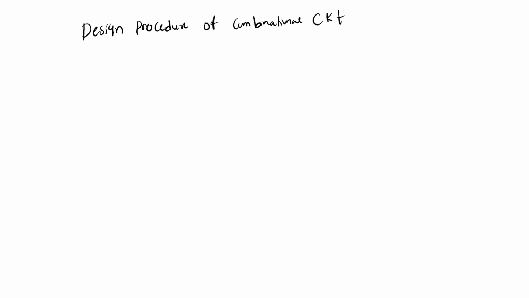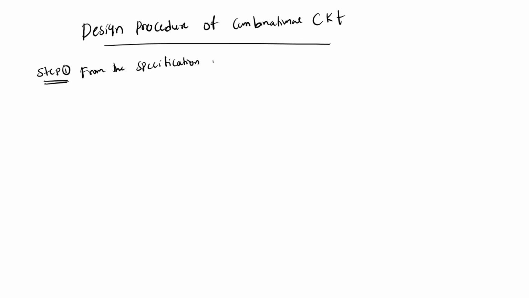If you see the design procedure of combinational circuit, step one: from the specification of the circuit, identify the number of inputs and outputs.